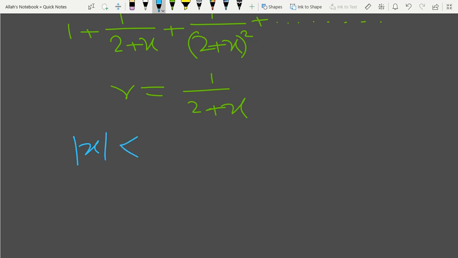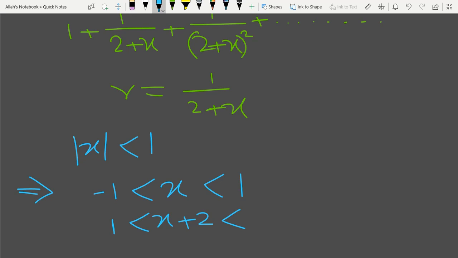It is given that mod x is less than 1, and this implies that x is greater than minus 1 and less than 1. If I add 2, we get 1 on the left, because minus 1 plus 2, then x plus 2, and 3 on the right.